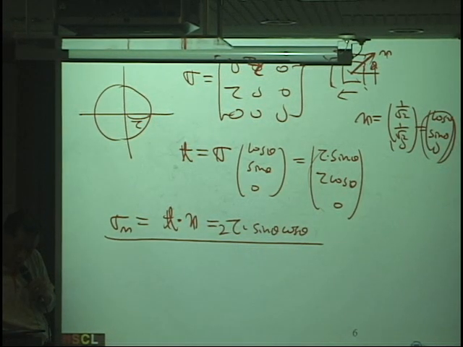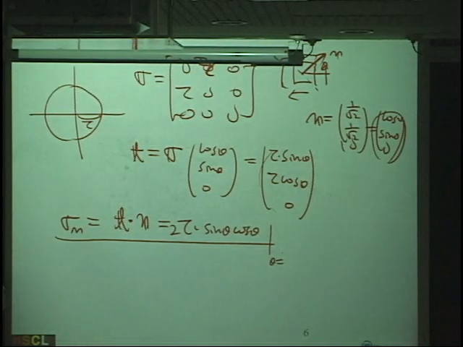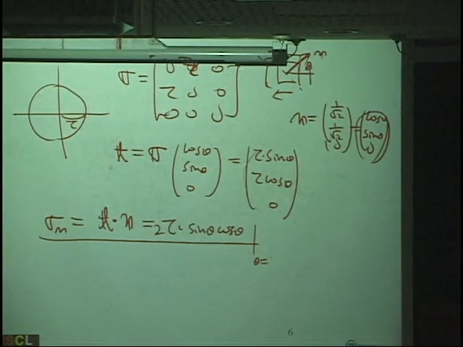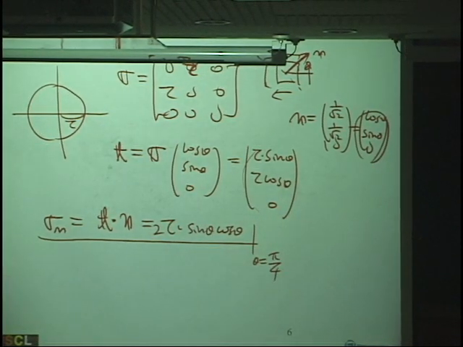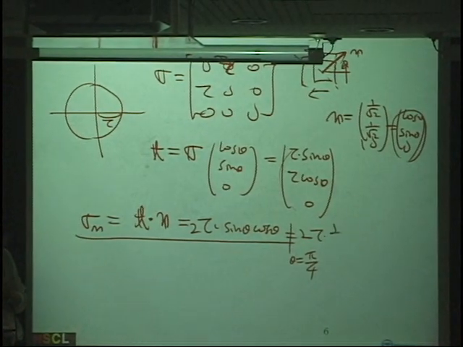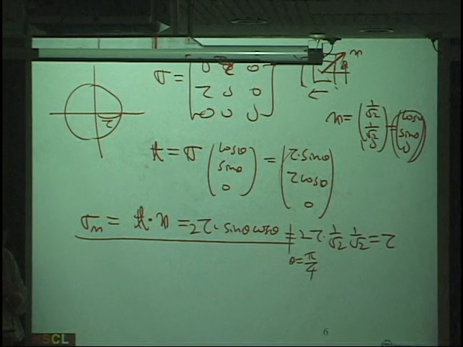And in the 45 direction, theta equals 45, then this will be simply root 2, and which will be tau, which is this magnitude.